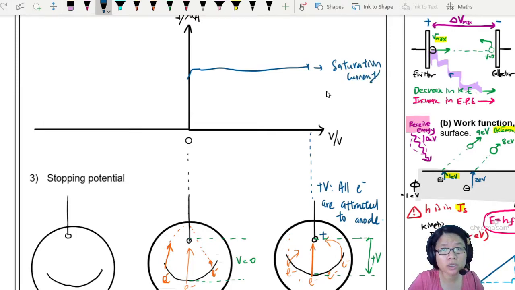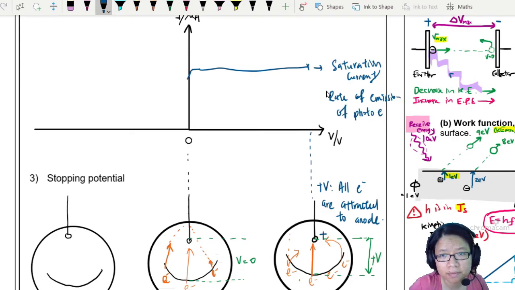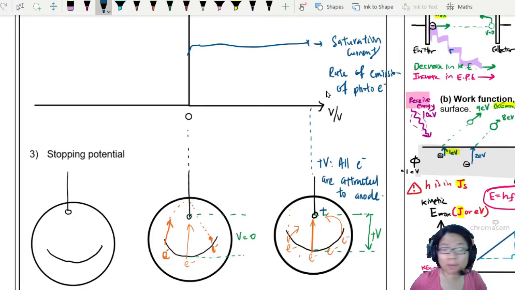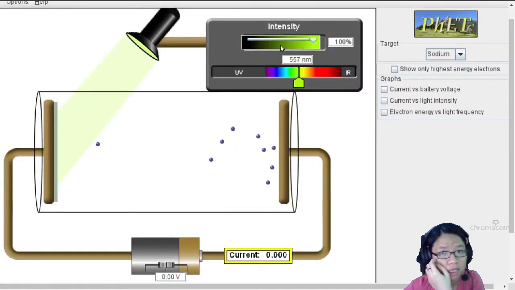But in CIE, we also can call this the rate of emission of photoelectron. Okay, so let's say now we want to make it negative. And if you're struggling to see this, let us look at this sim again.